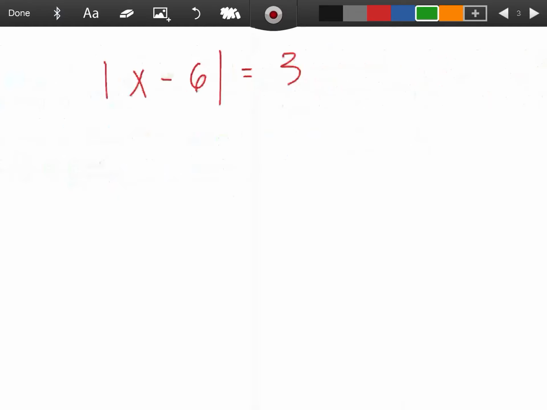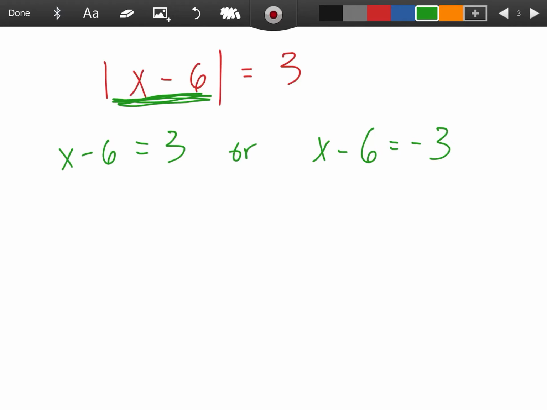Here we have the absolute value of x minus 6 is equal to 3. So in this case, I know whatever's inside of the absolute value bars needs to be equal to either 3 or negative 3. So I'm going to write the two equations out. What's on the inside is either equal to a positive 3 or equal to a negative 3.